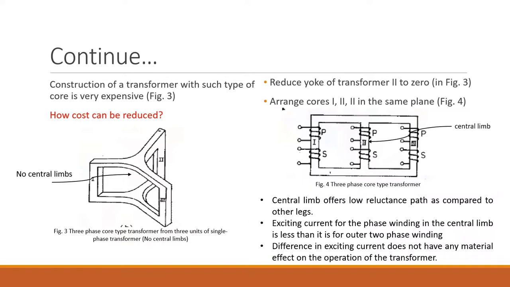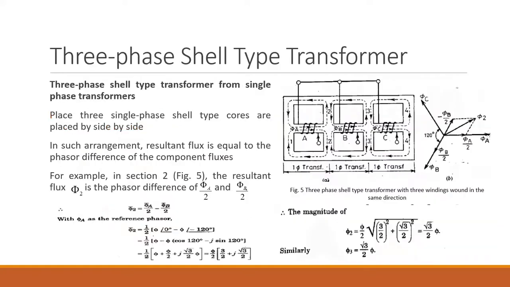Whenever there is a certain difference in exciting current in a particular phase of the transformer, it is going to have an impact, but that impact can be neglected. It is not that prominent or effective. So yes, this will be a problem with this construction, but because the impact is not that prominent, it can be neglected basically.